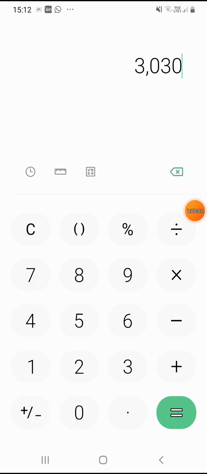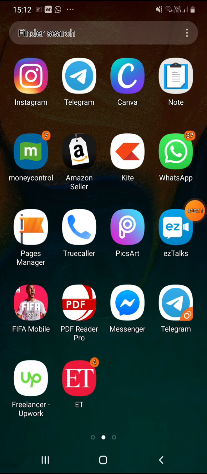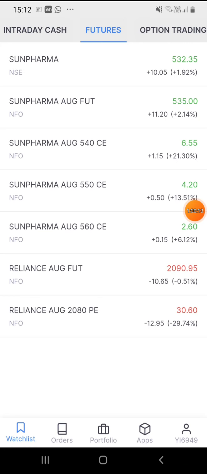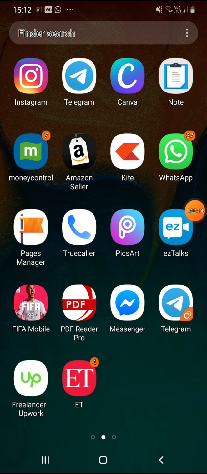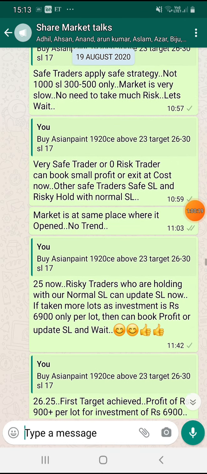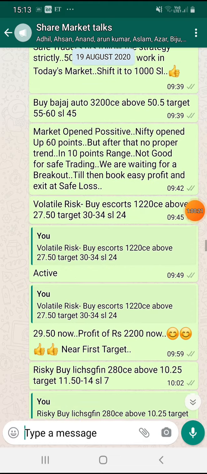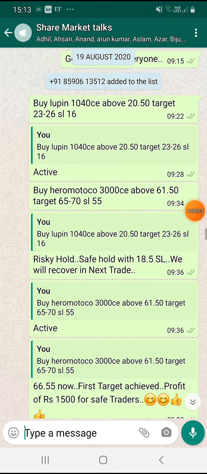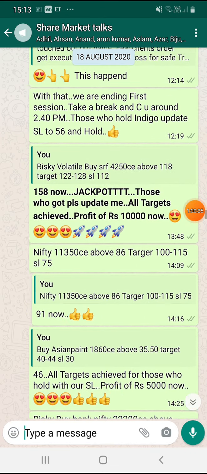Now for your clear understanding, let's take some real examples. Yesterday's market, and just taking our premium screenshots. Yesterday's calls we can take, or any other day's call.